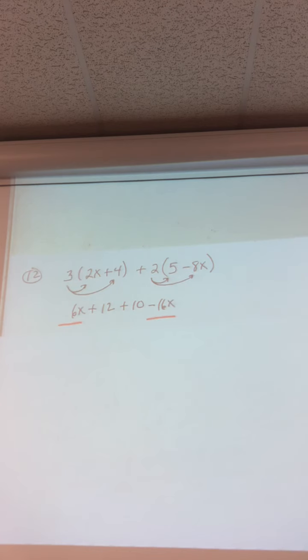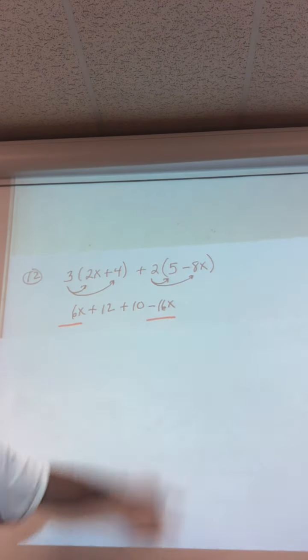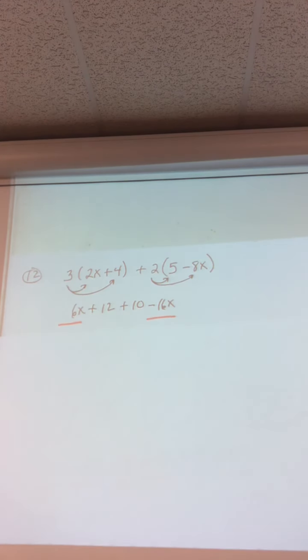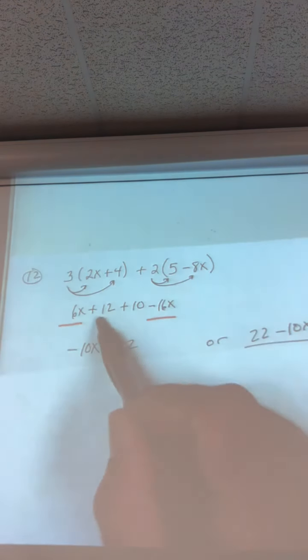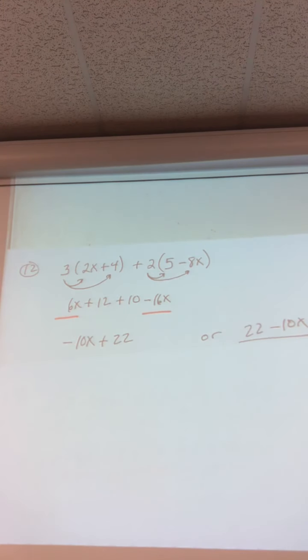Now, underline my like terms. If you win 6, but you lose 16, you are down 10. Negative 10x. And then 12 plus 10 is plus 22. Or you could write it 22 minus 10x. Same thing.